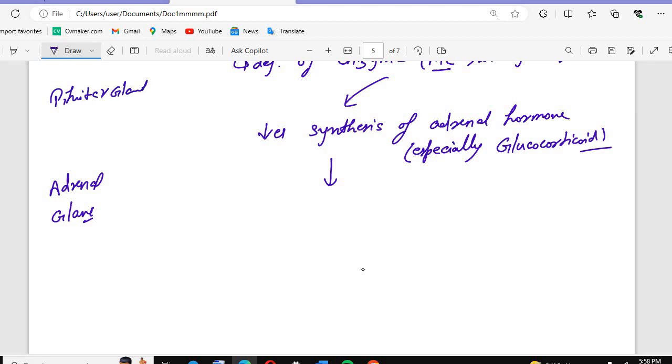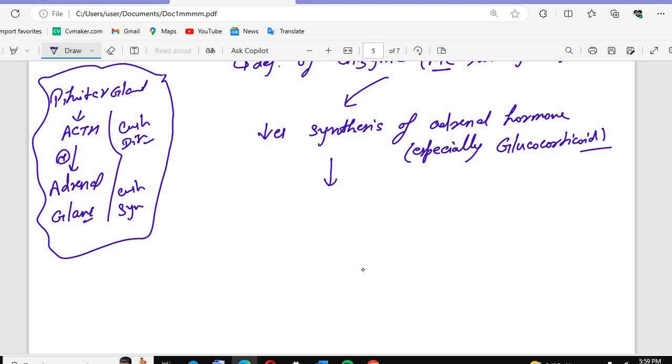The pituitary gland releases ACTH, which has an effect on the adrenal gland, and based on that we describe Cushing disease and Cushing syndrome. This one you should know. If you don't know, you can ask me in the WhatsApp group or anywhere. The pituitary gland's ACTH stimulates the adrenal gland.